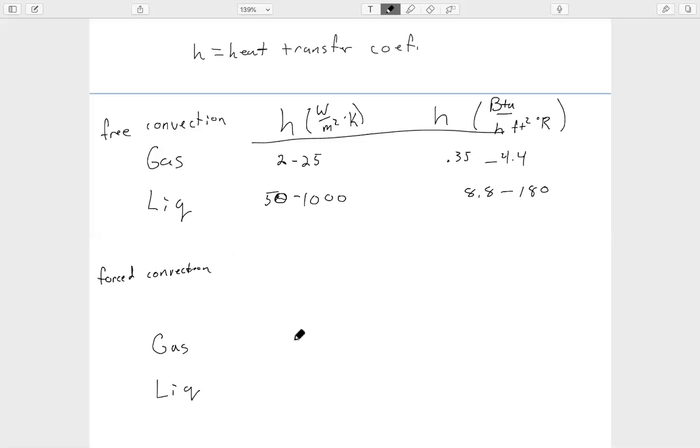So these same numbers become 25 to 250, 50 to 20,000, 4.4 to 44 in these units, or 8.8 to 3,500. So with convection, you get a much faster heat transfer if you turn on the fan.